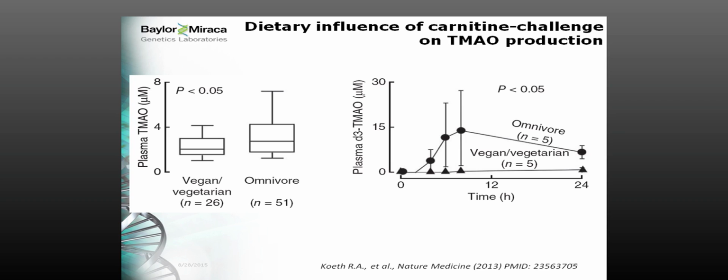There's only a very slight increase. Whereas with the omnivores who've been eating meat, when you give them this, they get this big surge in trimethylamine N-Oxide when they consume carnitine.